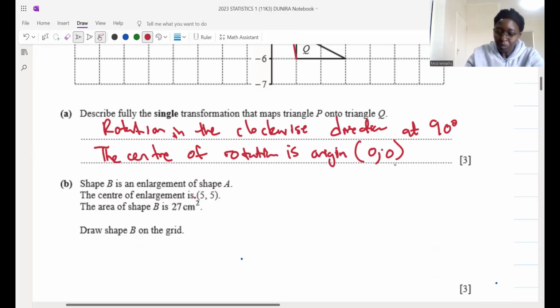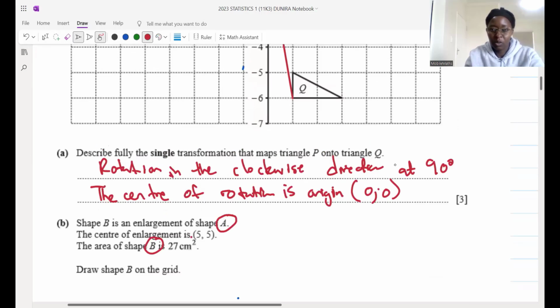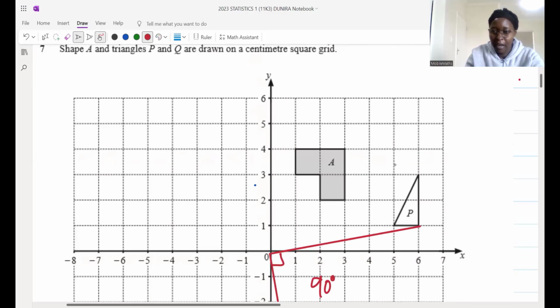It's saying shape B is an enlargement of shape A. Okay, so basically we are given shape A on the diagram. We want to go to shape B. Then we are enlarging at 0.55. So let's go to 0.55.